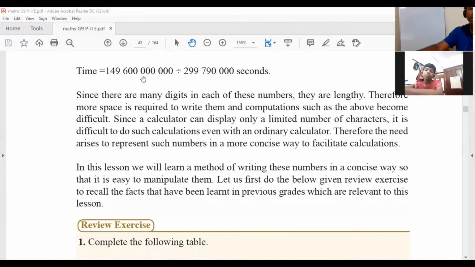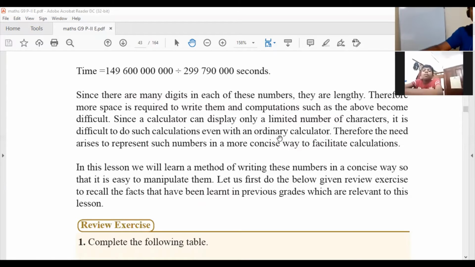The space available in scientific calculators as well as ordinary calculators is limited. The digits you can input here are limited. So such large numbers with so many digits may be difficult to enter into the calculator.